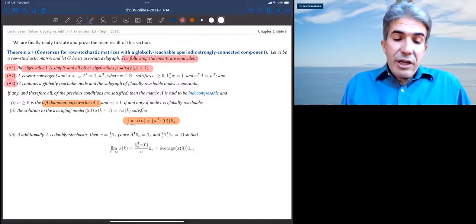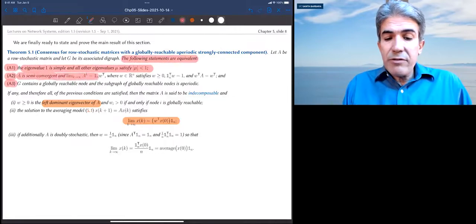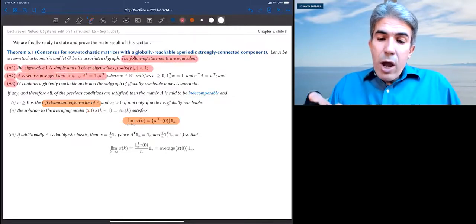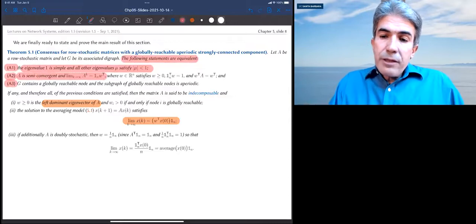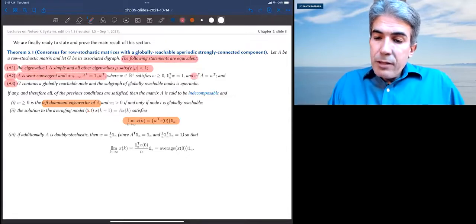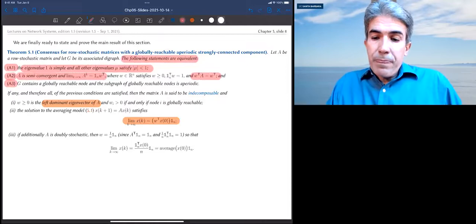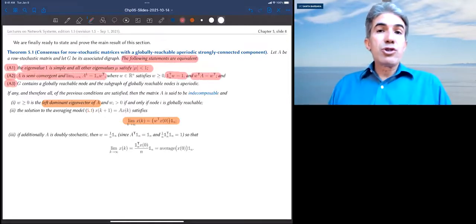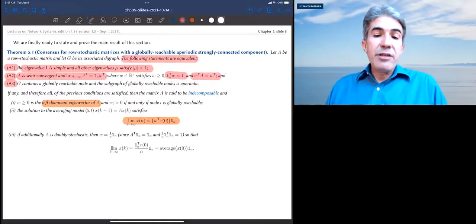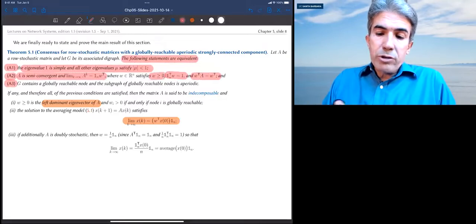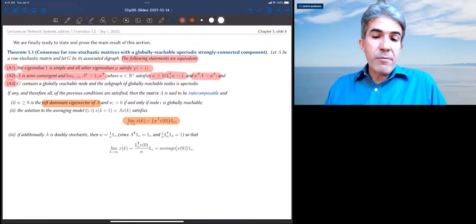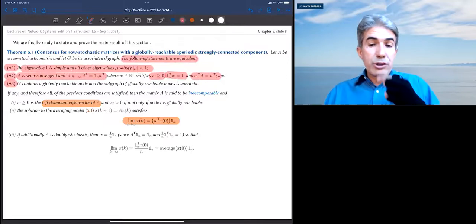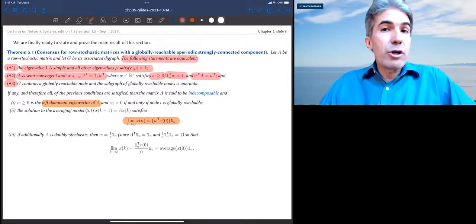Alternatively, A2: A is semi-convergent and the limit is a rank 1 matrix, where, again, W is the left dominant eigenvector of A. It's normalized to have row sum equal to 1. However, now my matrix is not necessarily irreducible, which means that the entries of W are not necessarily all positive. They are non-negative. Clearly, at least one entry has to be positive because otherwise the row sum of W cannot be 1.